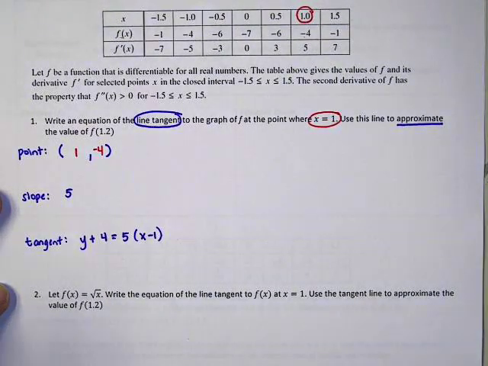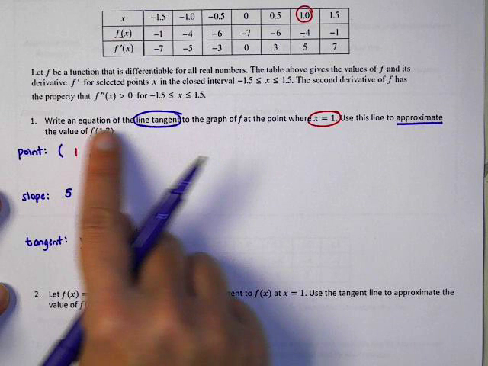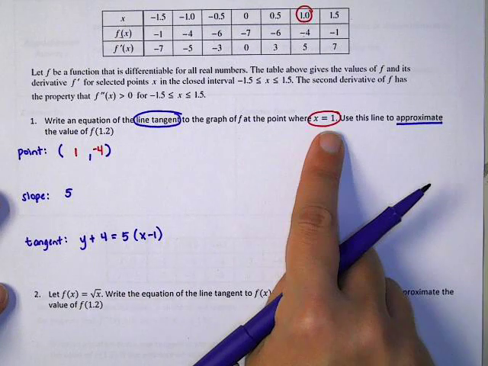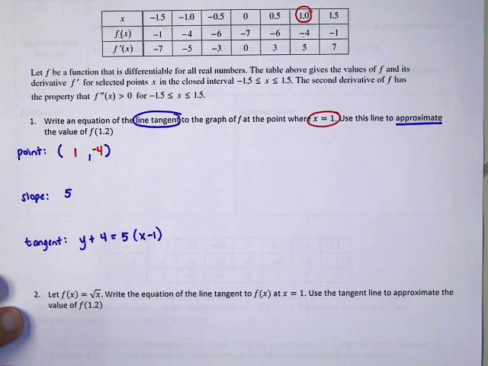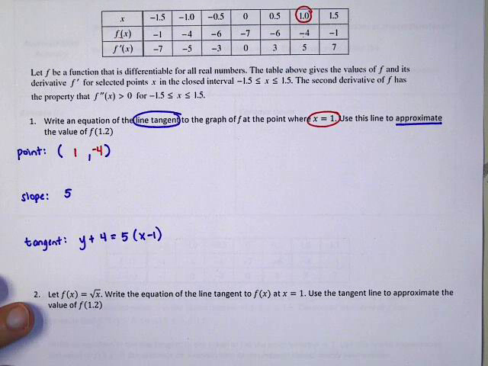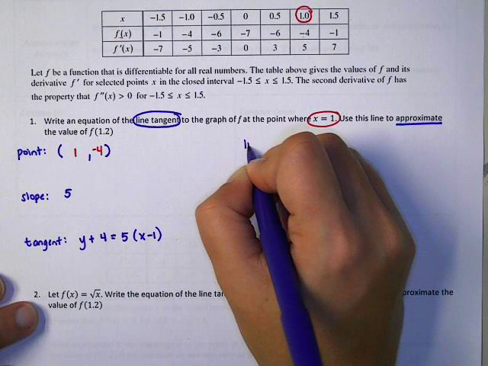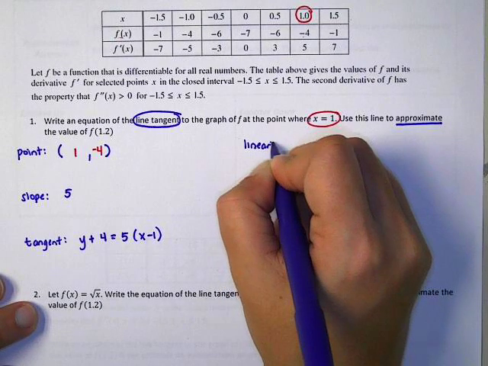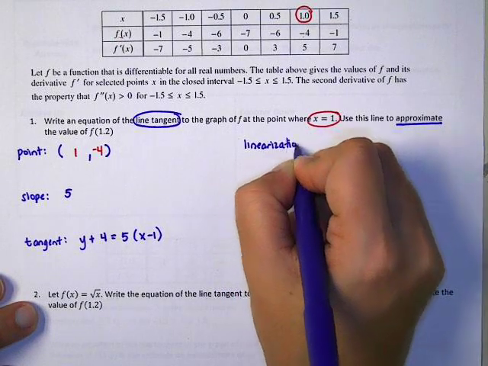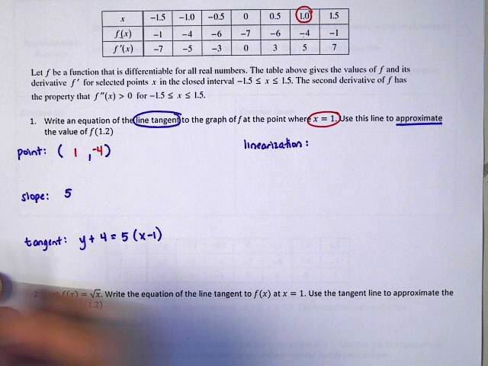So I've done part 1 of this question. Write an equation of the line that is tangent where x is 1. The second part of this question says use this to approximate the value of f of 1.2. So what we're going to do now is create the linearization. All that I'm going to do is rearrange this equation a little bit.